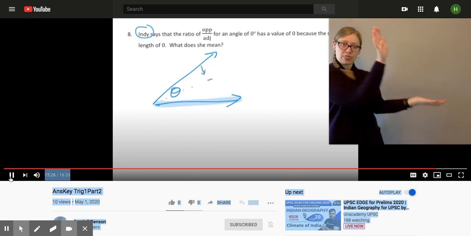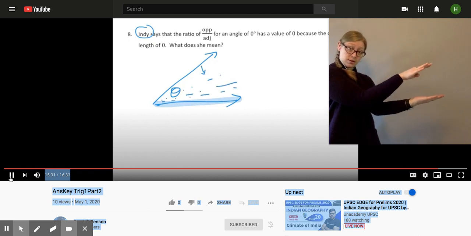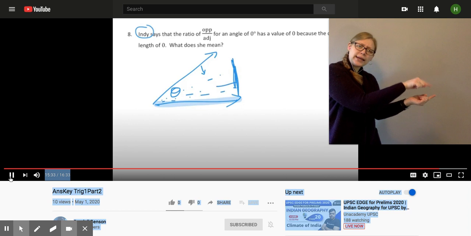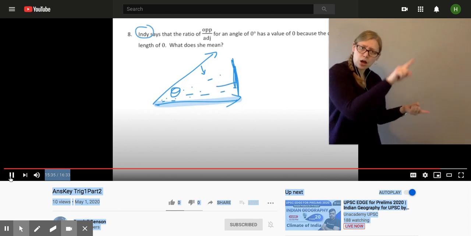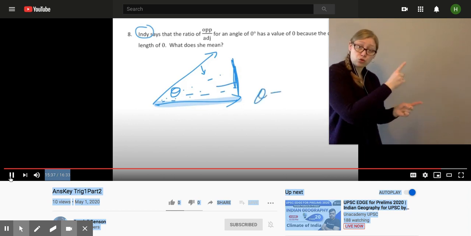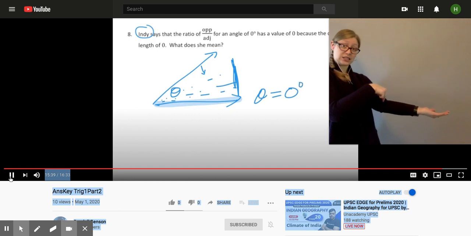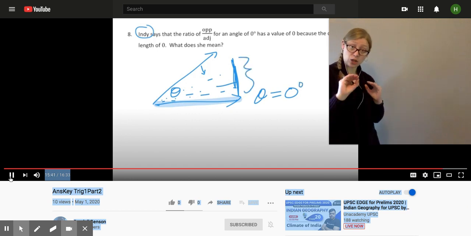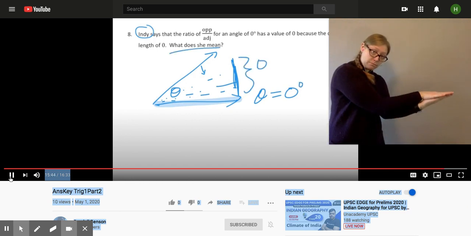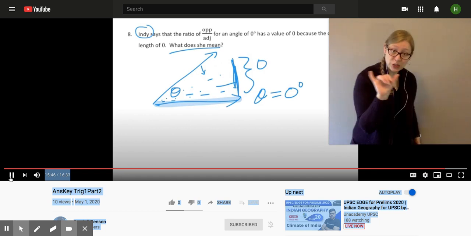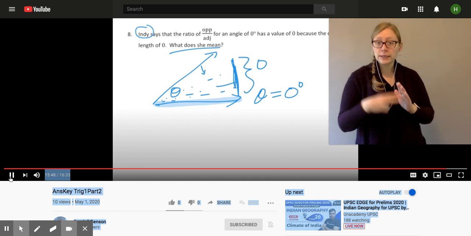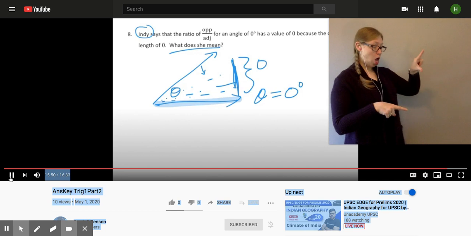So I keep moving it down, I keep moving it down, I keep moving it down. And what's happening to this vertical distance each time? It's getting smaller and smaller and smaller. And when the angle equals 0, when theta equals 0 degrees, this vertical distance right here is also going to be 0. So that's what she means. She means that if you have an angle with 0 degrees, there's no vertical distance.